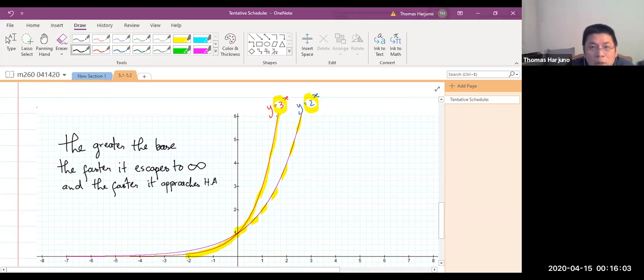You can see the one here. This is the higher exponent, I mean, the base is higher. Because the base is higher, it goes to infinity faster, but it also goes to the horizontal asymptote faster.